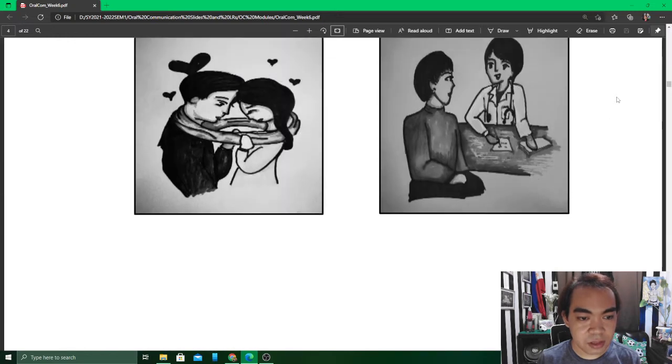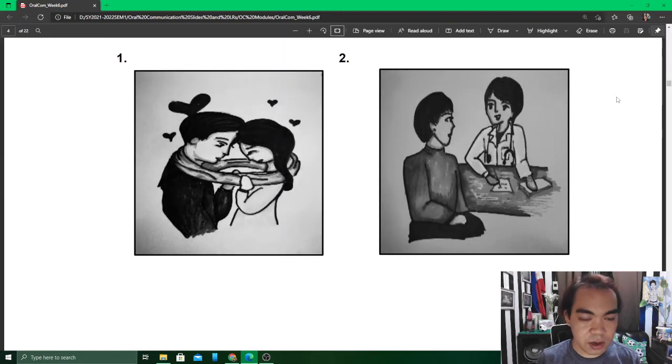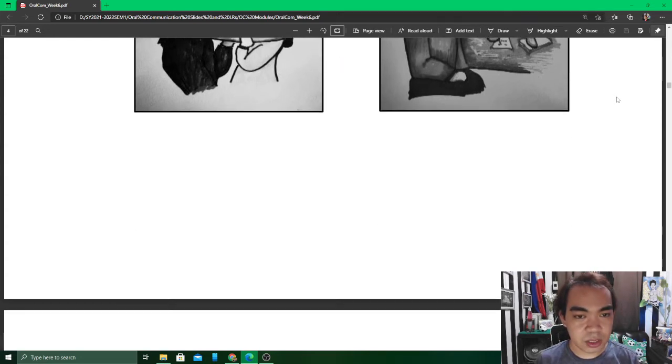We have first, probably lovers because there are hearts at the back, intimately talking to each other. Ano yan ang ilag ni Suyahan sini, mga late night talks, mga intimate conversations. Tapos din naman sa pihak, we have a doctor and a patient consulting the doctor, probably para sa clarifications ng iyang mga diagnosis or sakit.